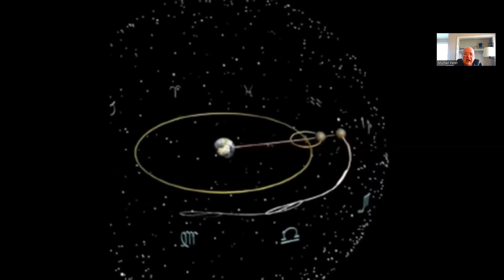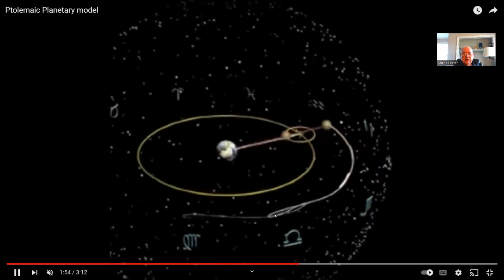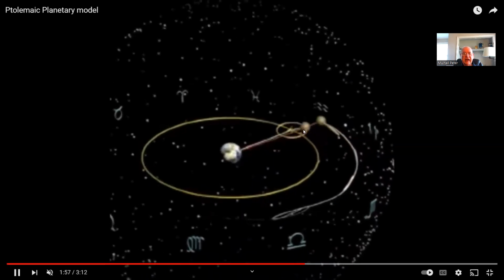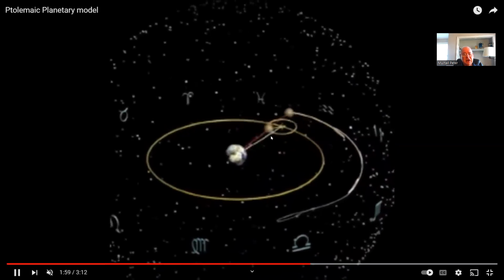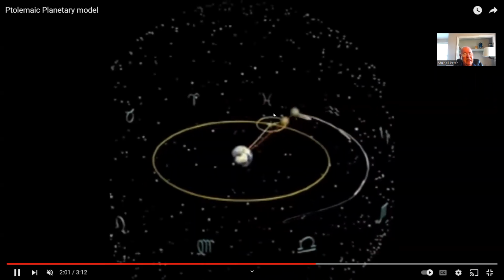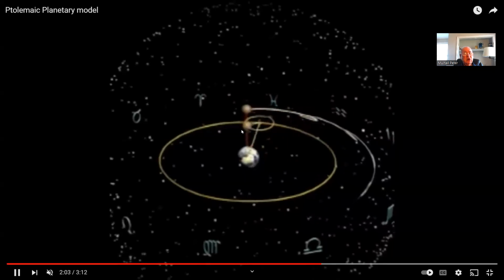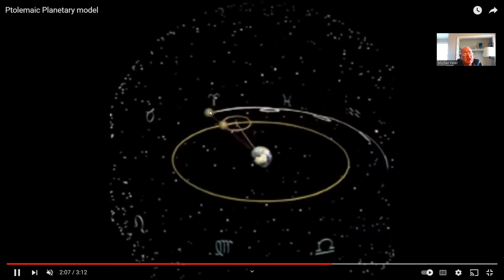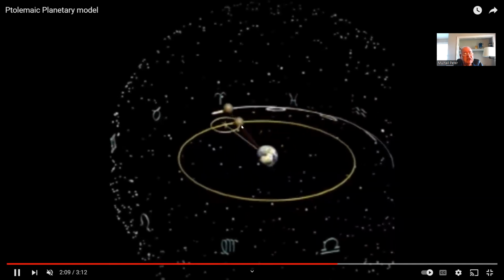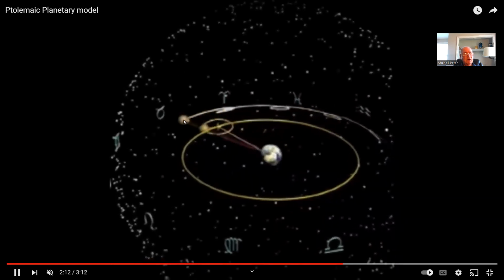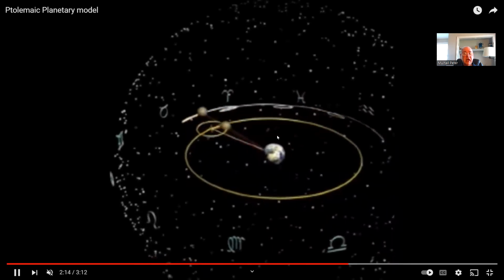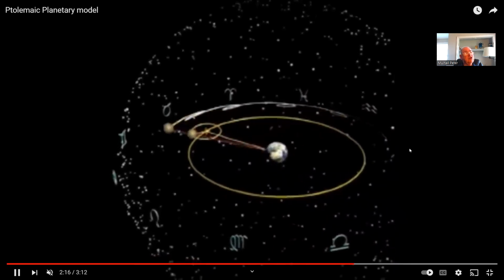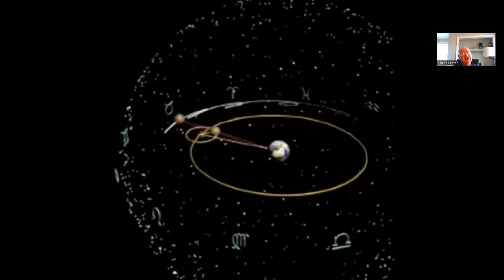Yes, here we have the deferent circle, we have the epicycle circle, and we have the planet. So here is Mars going around its epicycle, but what we see is this, right? We see the projection of the planet against the stars. This is what we see. We don't see this. There's no depth perception. All we see is the result is this. And you see the rocking back and forth, the same description that Eudoxus had.